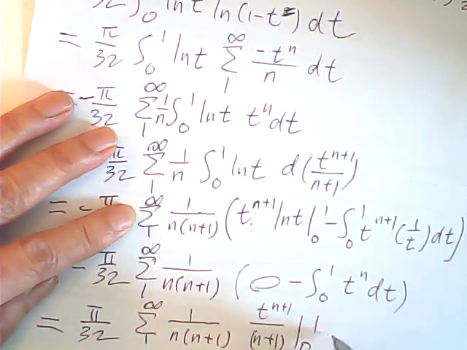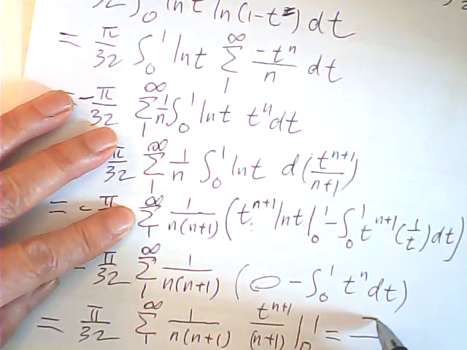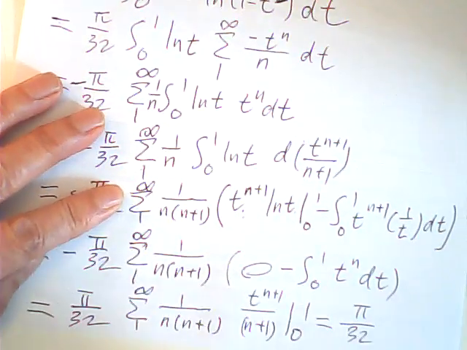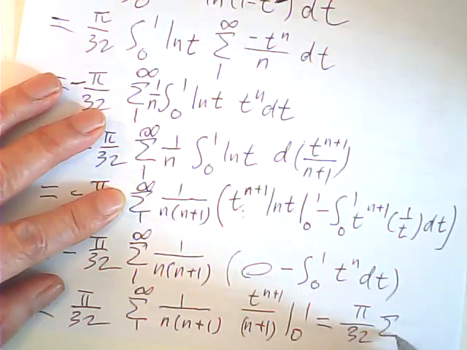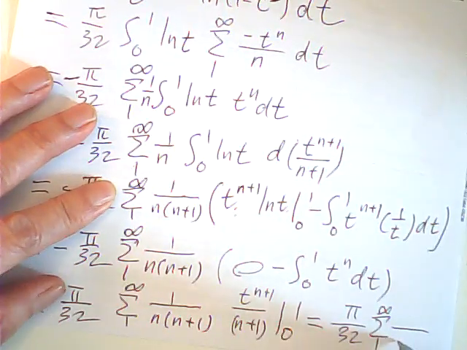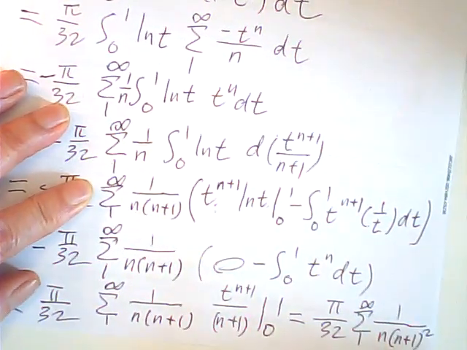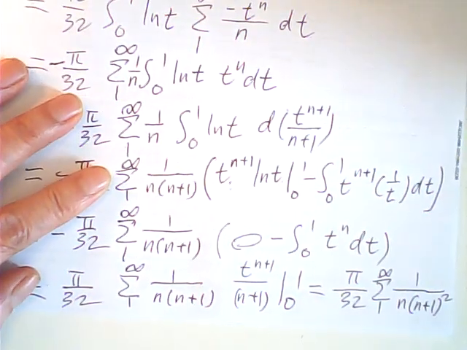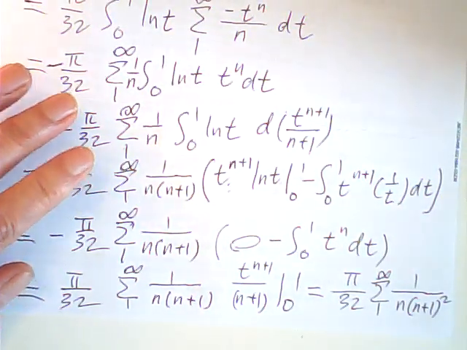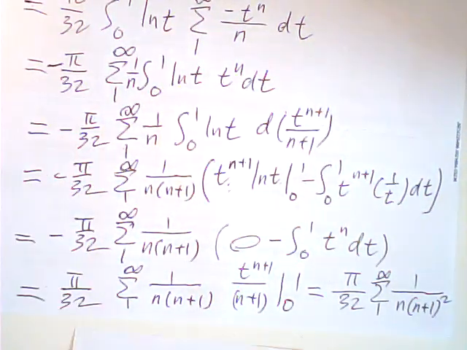So we end up with pi over 32 sigma of 1 over n times n plus 1 squared. Wow, it's good.